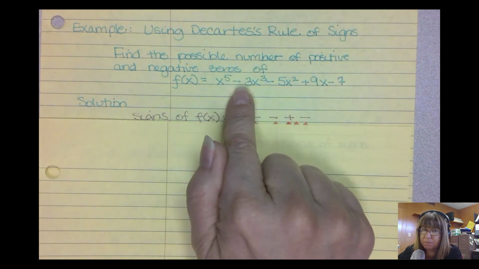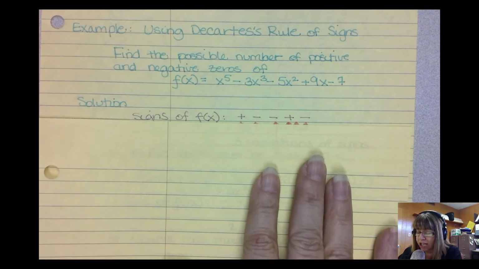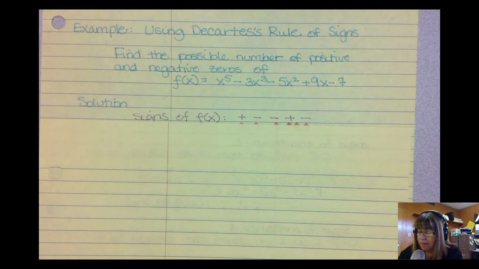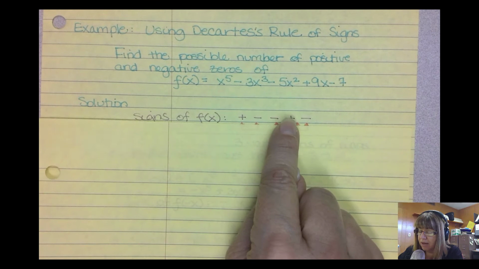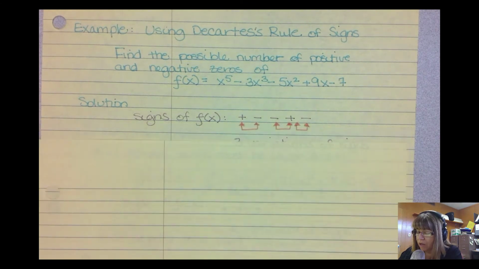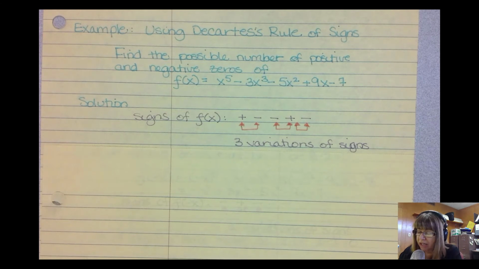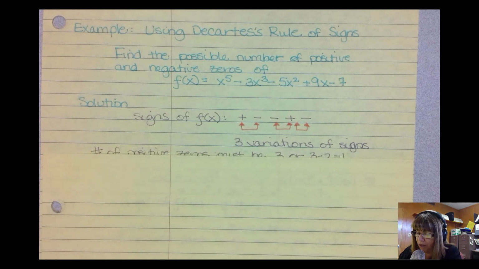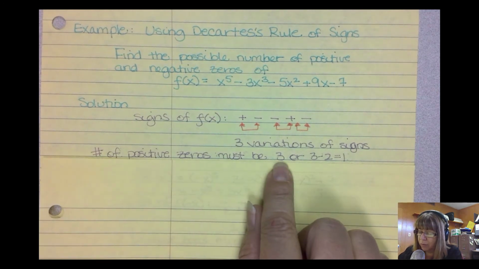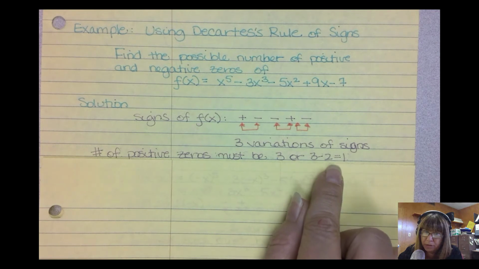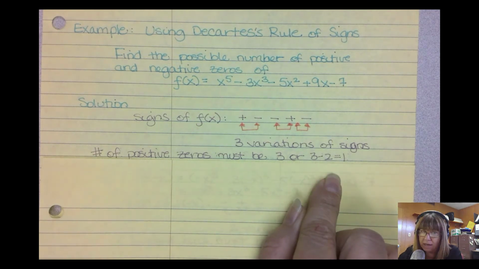So that's a plus, minus, minus, plus, minus. Looking at when it changes, it changes from positive to negative, then it stays negative, then negative to positive, and positive to negative. So we have 3 variations of signs. Knowing that, the number of positive zeros must be either 3 or 3 minus 2 is 1. So we can only have 3 or 1 positive zero.